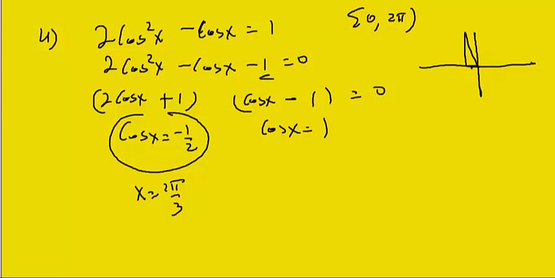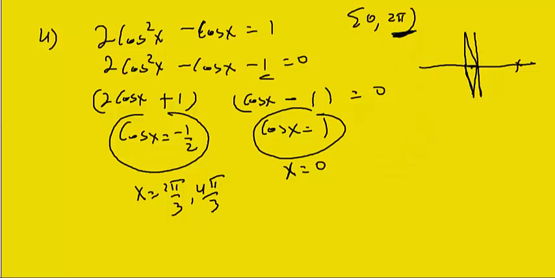Cosine is also -1/2 here, which is x is equal to 4 pi thirds. Okay, where is cosine equal to 1? Cosine is equal to 1 here, which is 0. Also 2 pi, but we're excluding 2 pi because of the parenthesis there. So that's it.